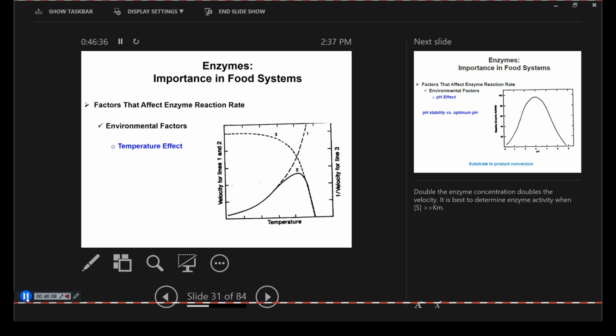Why is that? So you continue to see an increase, you reach a really good place of high velocity, and then you reach a temperature where the protein denatures and is no longer active, and we see a steep drop in velocity. So it will not indefinitely increase.